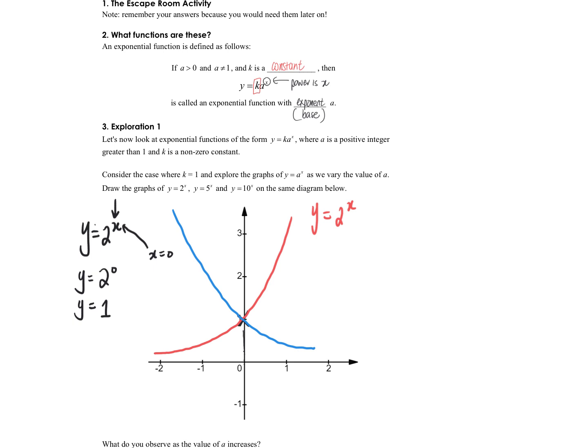Okay? Now we want to make a guess. What if the number here, instead of 2, changes to 5? How do you think the shape will look? Just like what we learned just now. When this number increases, how do you think the shape will change?